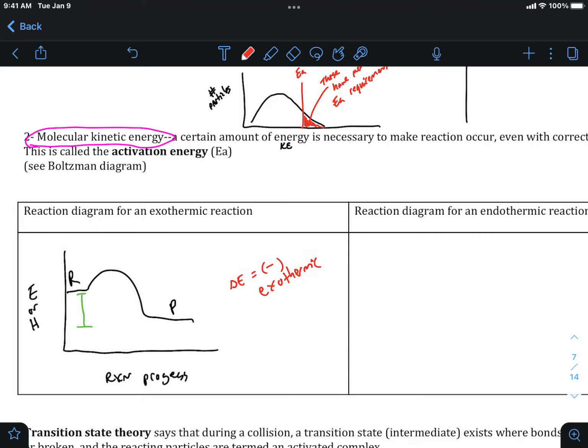There's a loss of energy during the course of the reaction. Now this energy difference from where the energy of the reactant starts to when it gets to the peak here, this is the EA. That's the amount of energy needed to get the reaction to happen.